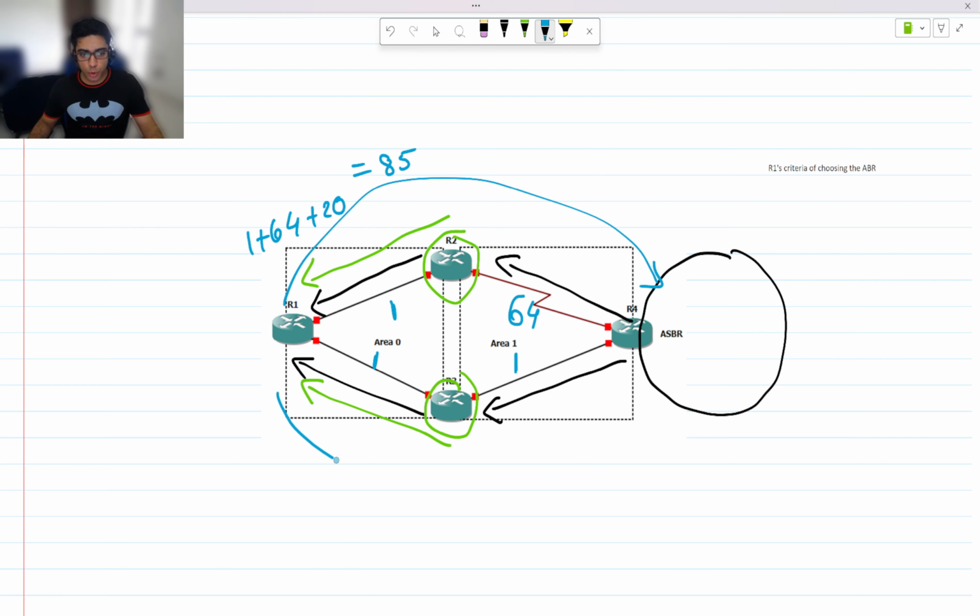And R1's total cost to reach the external network via R3 is going to be 1 plus 1 plus 1 plus 20, which gives us 22. So obviously R1 is going to choose its path to reach the ASBR through R3 rather than R2. So this is how R1 will calculate its best path.